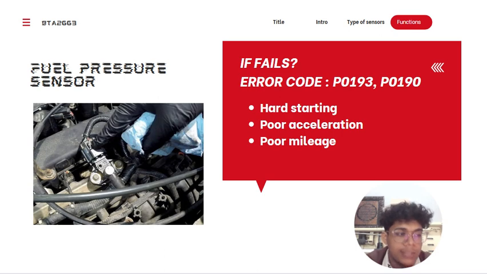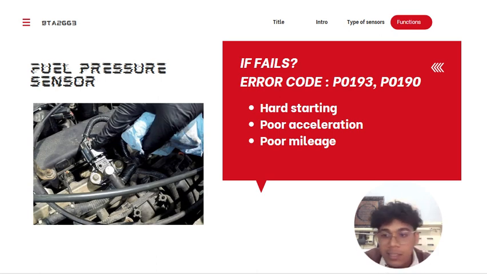By knowing the pressure of the fuel inside the fuel rail, the ECU can know how long to open the injectors in order to ensure that the correct amount of fuel is injected into the engine. In order to measure fuel pressure right inside the fuel rail, the fuel pressure sensor is almost always located directly on the fuel rail.